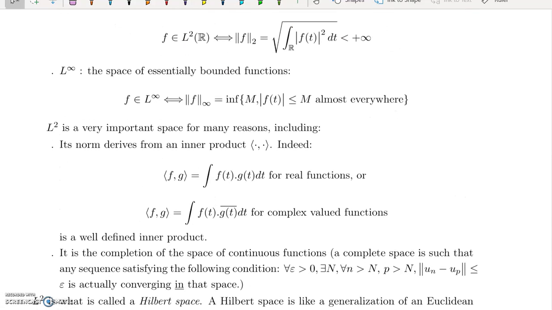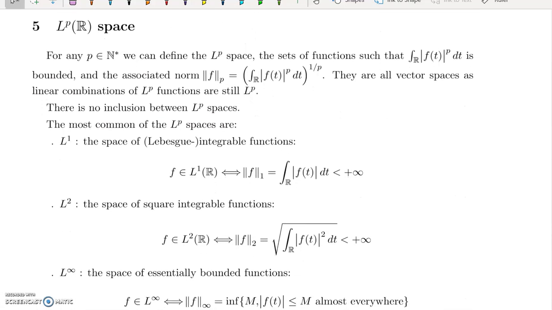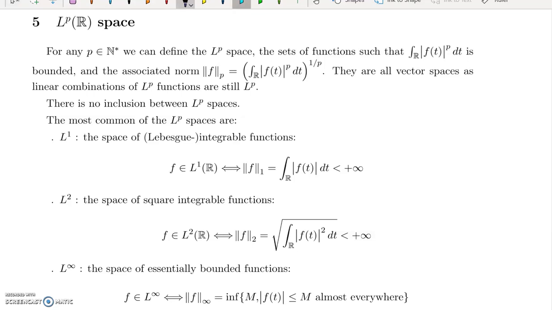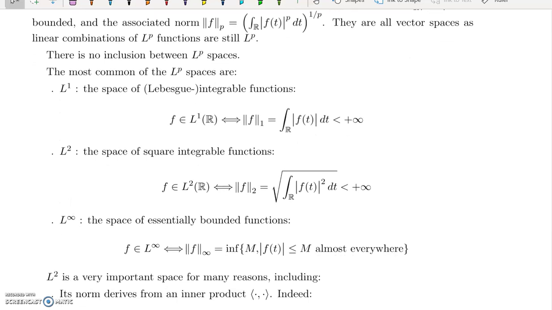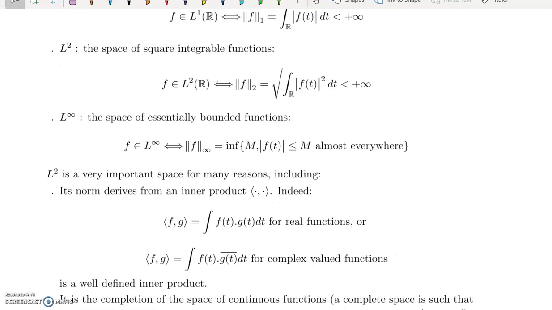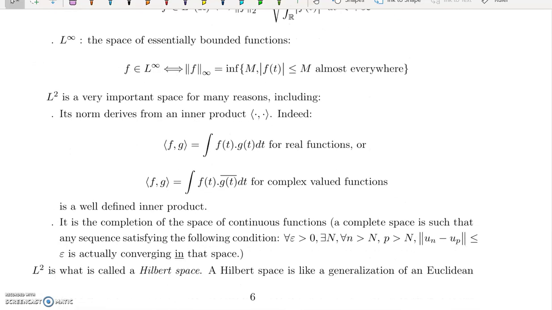Okay, so as a final note on today's class, you've got some summing up on the LP spaces in the lecture notes, with the associated norms that we want to use. The reminder that L2 is going to be a very important set for us, because its norm comes from an inner product, which you can express like this for real functions.